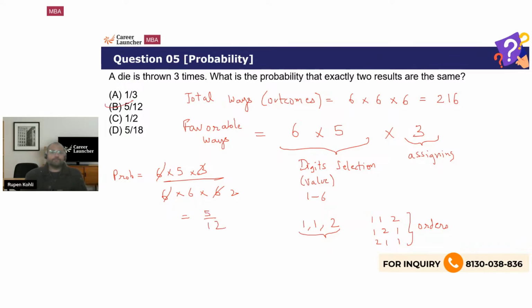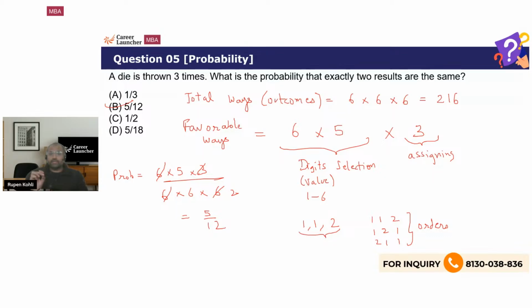Perfect. So just need to be very methodical in this, right? Always make sure in PNC probability based questions, specifically probability, when you're doing the calculation of favorable and total ways, just be very very particular.